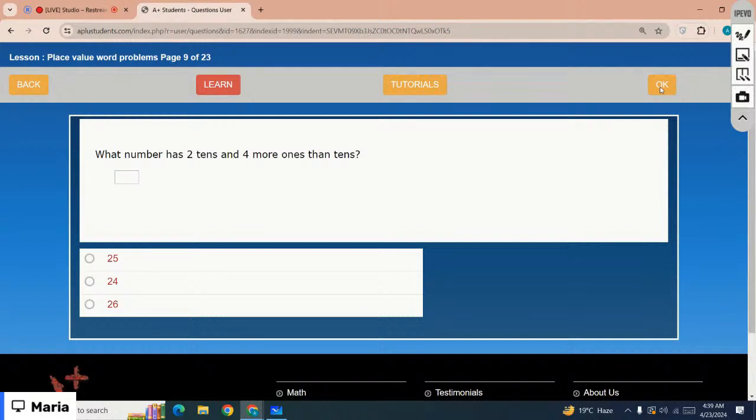What number has 2 tens and 4 more ones than tens, which is the correct option? 26 it is.